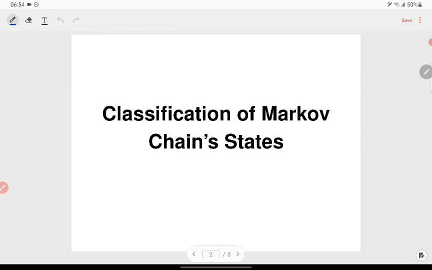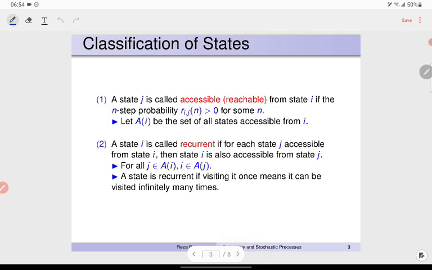So let's start. The first fact that you're going to see is about accessibility or reachability. A state j is called accessible or reachable from state i if the n-step probability r_ij(n) is more than 0 for some n.